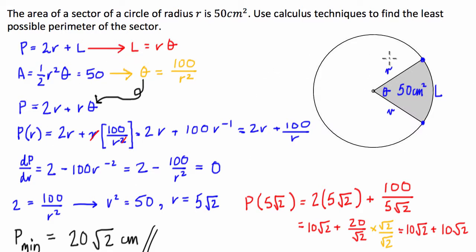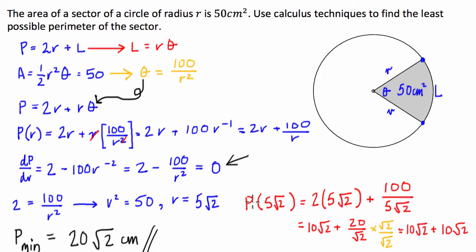What I then did is I inputted the information that I was given, and then was able to derive a function for perimeter which is in terms of exclusively the radius. Once I did that, I differentiated that function, set it equal to 0 because we know that that's an optimum point, and then solved for the radius.